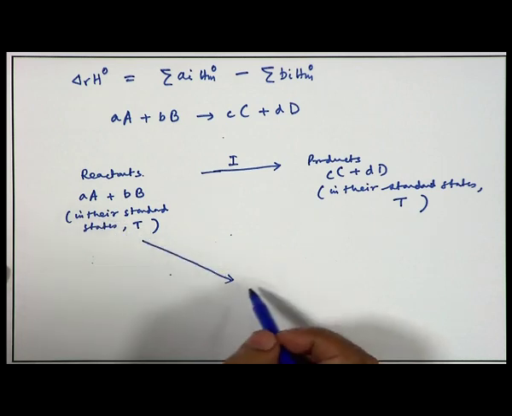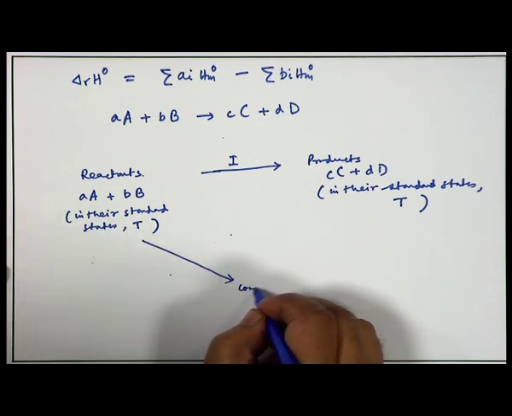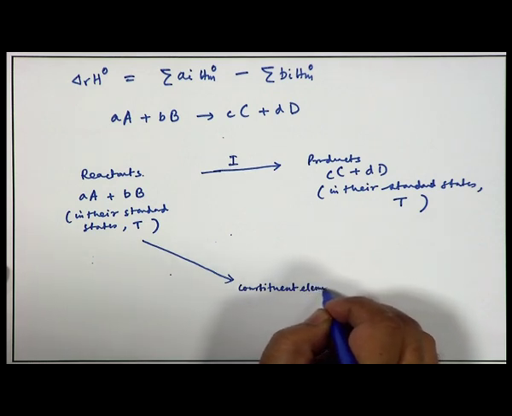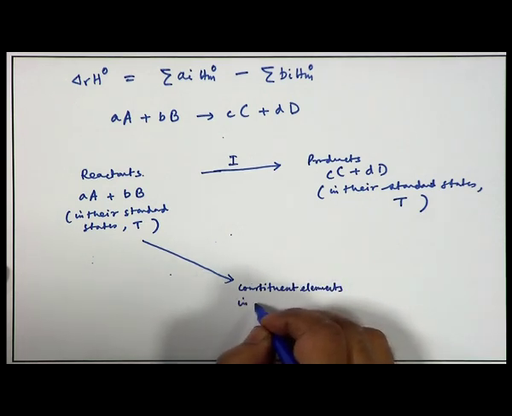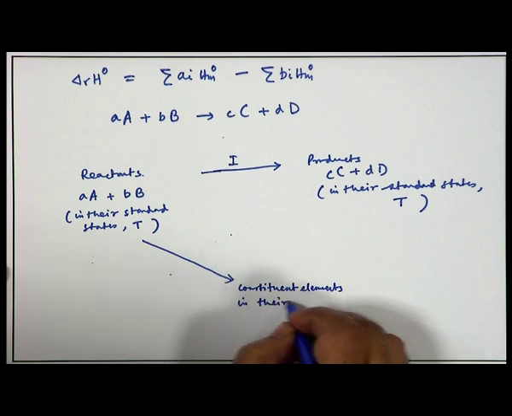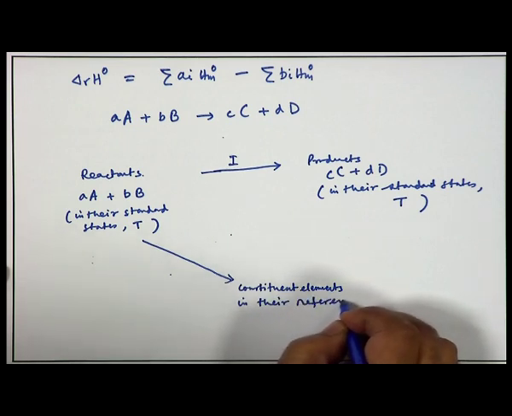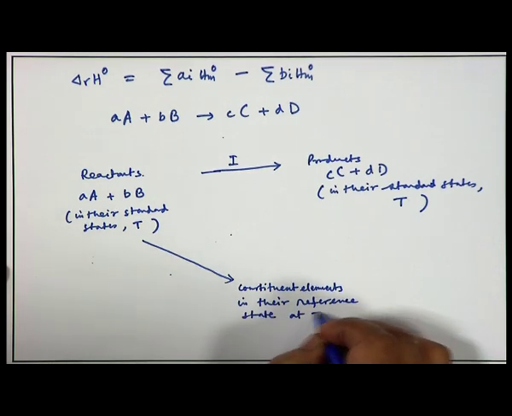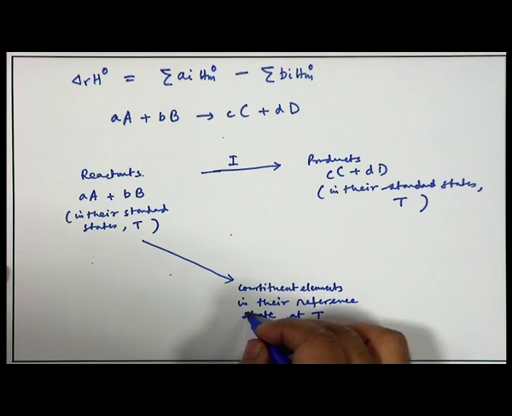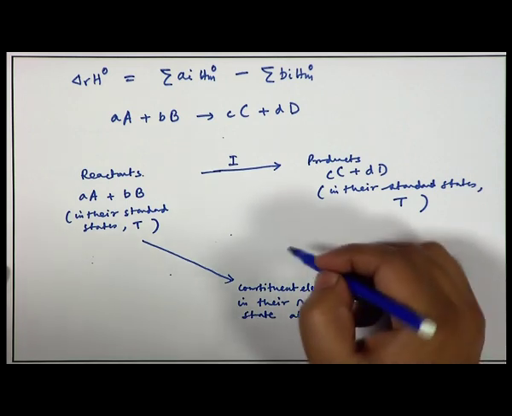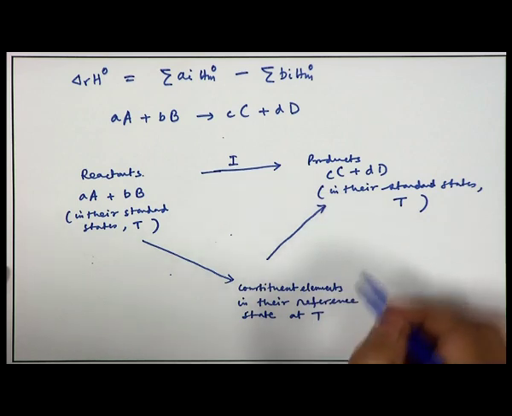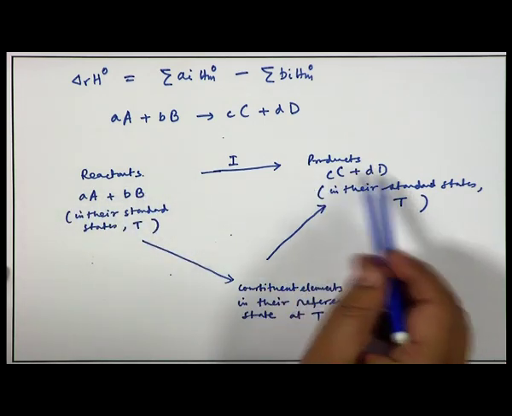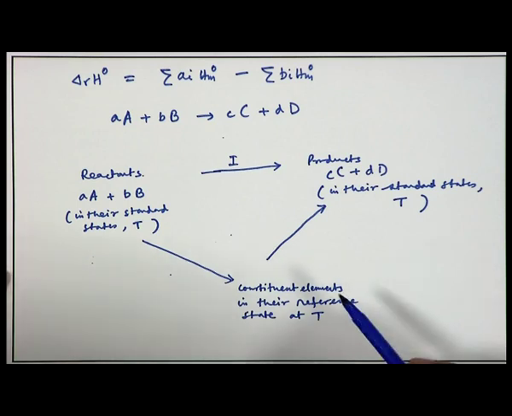In the first step, we take the reactants back to their constituent elements in their reference state at that particular temperature, and from here we go to the products, because the constituent elements for the reactants and products have to be the same.